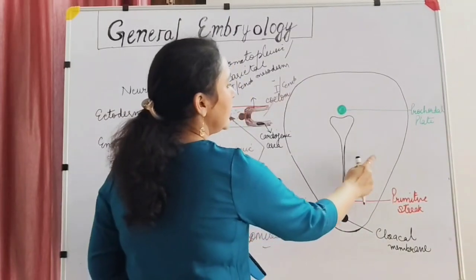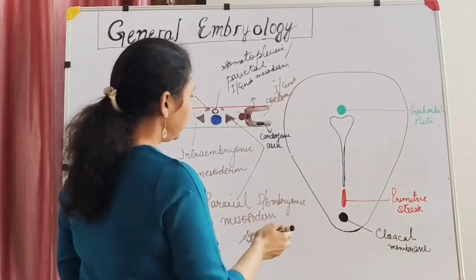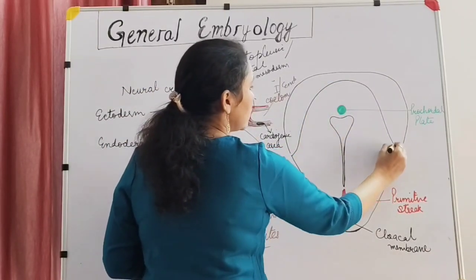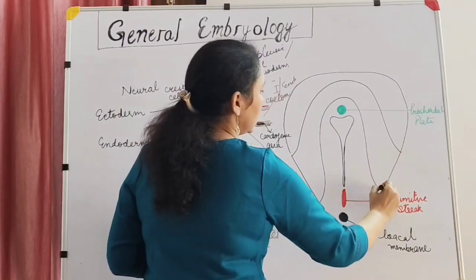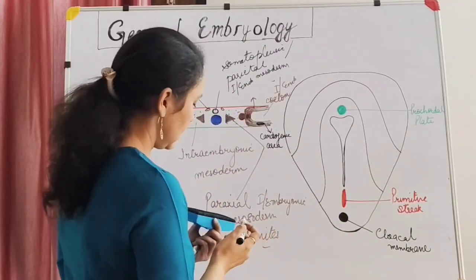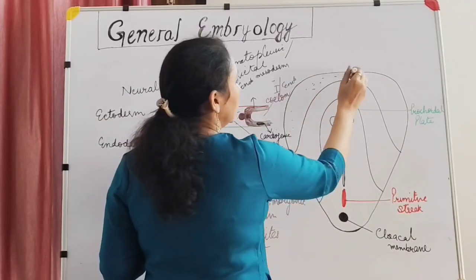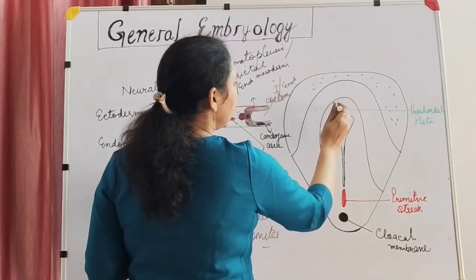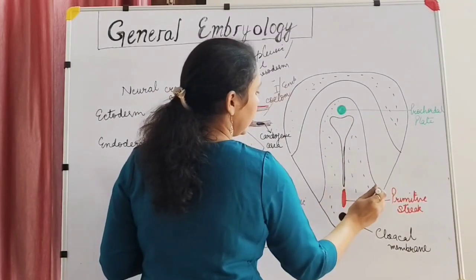Now we are talking about the intraembryonic mesoderm. In the intraembryonic mesoderm, there will appear the coelom. So this is the cavity. The coelom has appeared. Rest all, here we have the mesoderm.